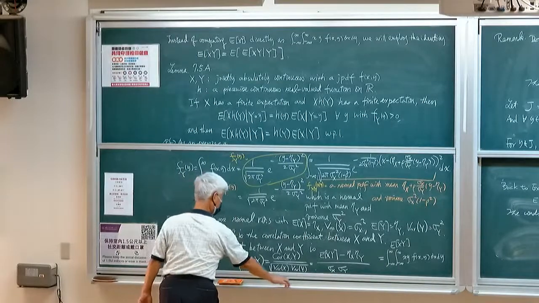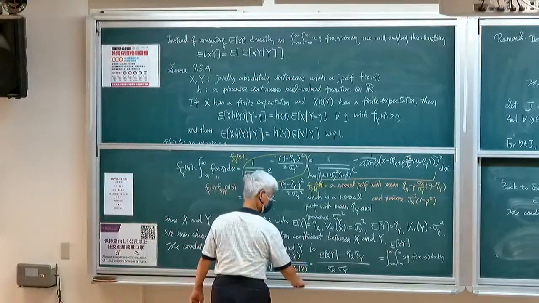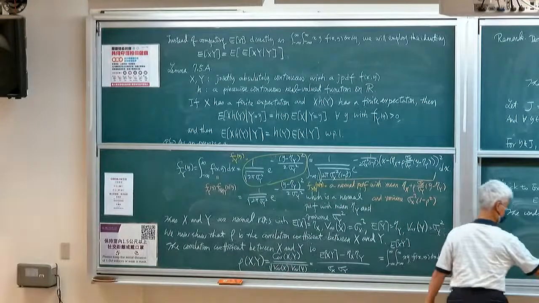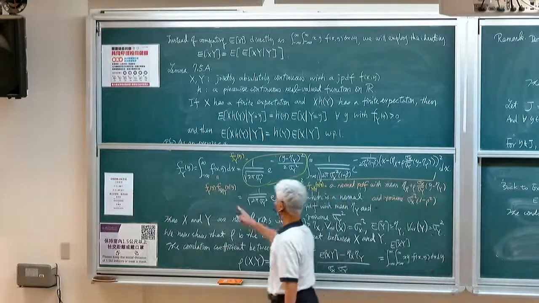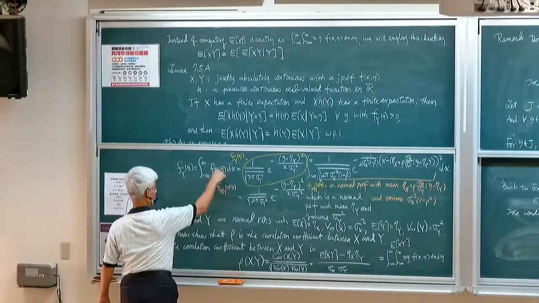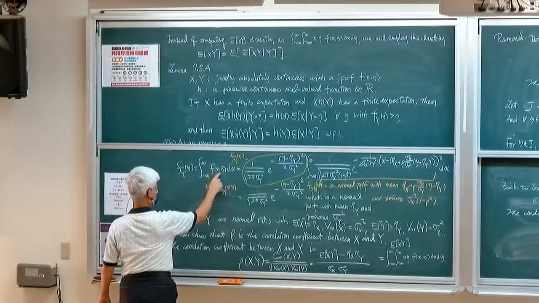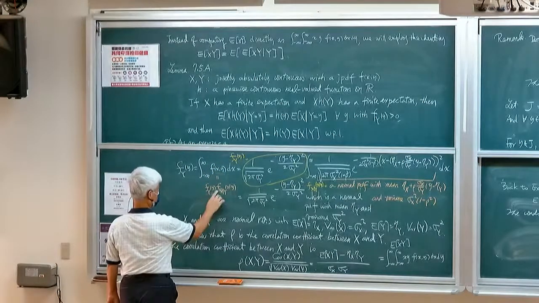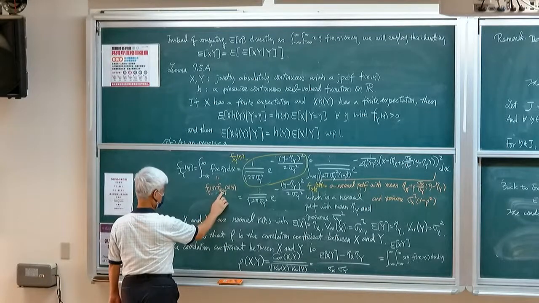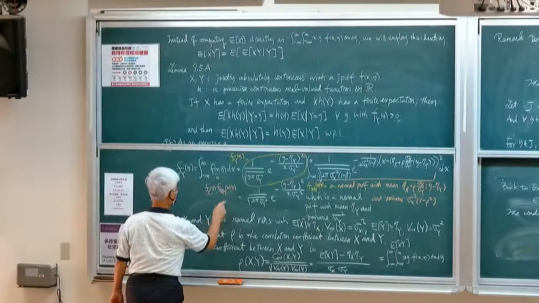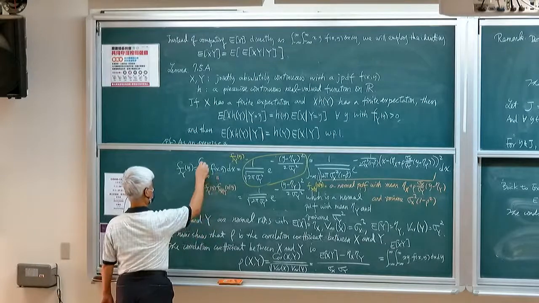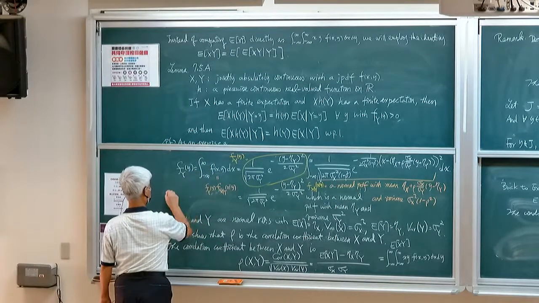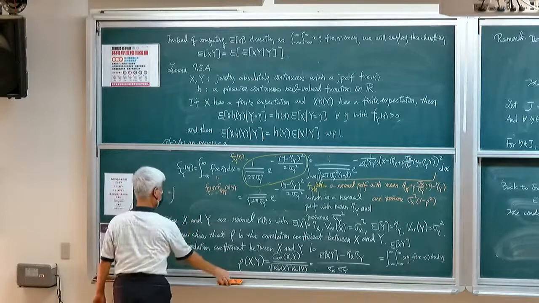Because if this is the case, then if you replace the joint PDF by the product of the marginal PDF of y and the conditional PDF of x given y equal to little y, so this becomes true.